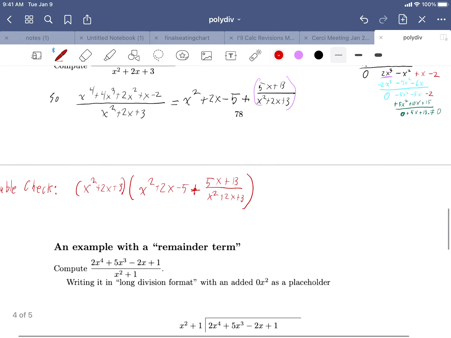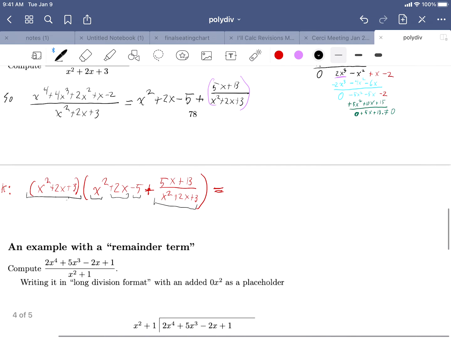So let's multiply that out. Multiplication distributes over addition, so I'll write the intermediate step where I multiply all of that by this, all of that by this, all of that by this, all of that by this.